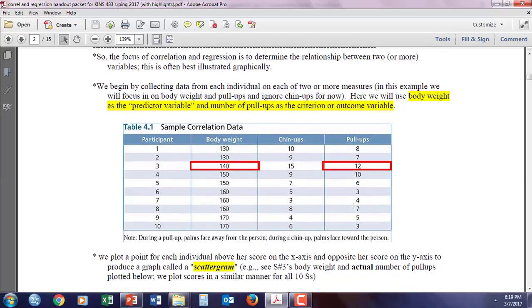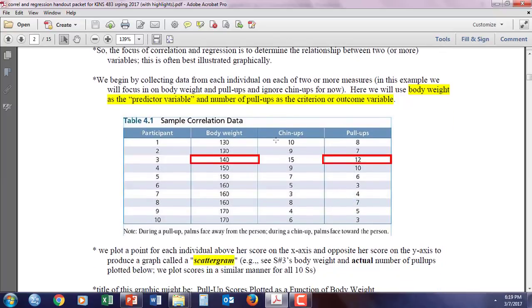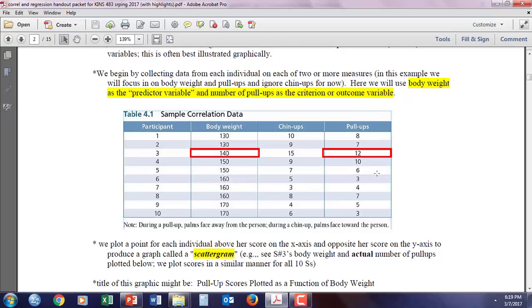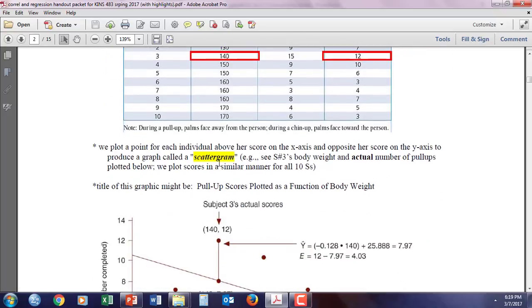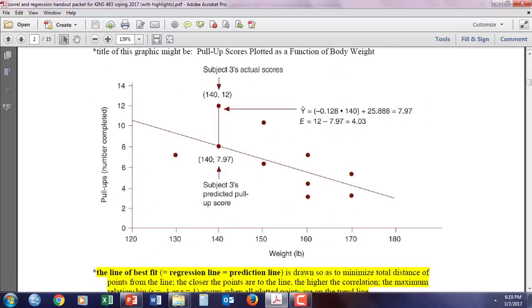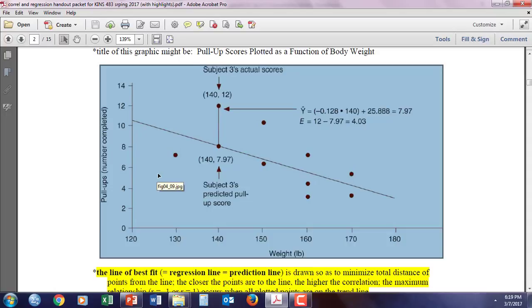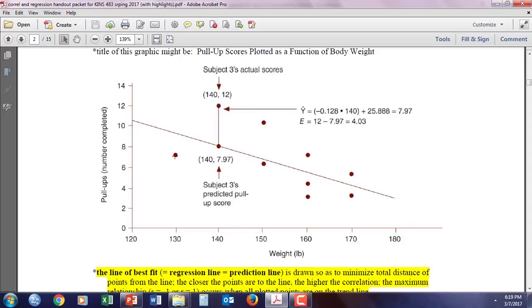One way in which we can look at the relationship between how all of these subjects scored with regard to their body weight and the corresponding number of pull-ups is by producing a graph. You should know that the graphs are called scattergrams or scattergraphs, and we can see now as we look at these points that there is a dot or a point for each person on each of the two variables.